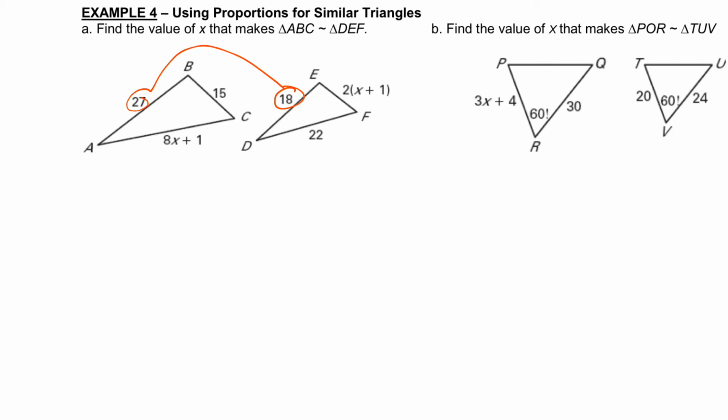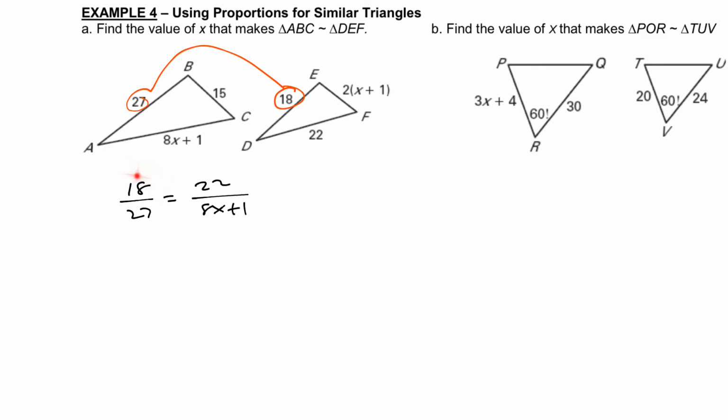I'm going to do this one little triangle over big triangle. So I'm going to do 18 over 27. That has to equal the side length of 22 in the small triangle over its corresponding side length in the big triangle, which would be 8x plus 1. Now we're just going to do our cross products and solve.